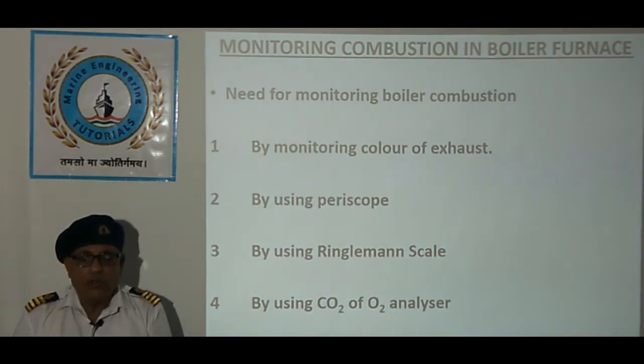Main boilers on steamships and auxiliary boilers on conventional tankers are equipped with CO2 and oxygen analyzers respectively, which serve as useful tool for monitoring the combustion, and the following slide describes the relationship between excess air and CO2 or oxygen.